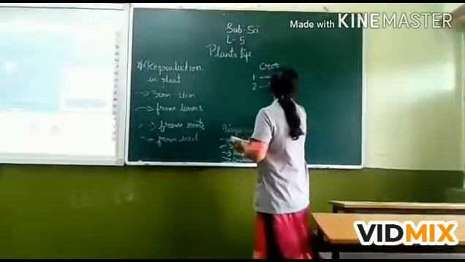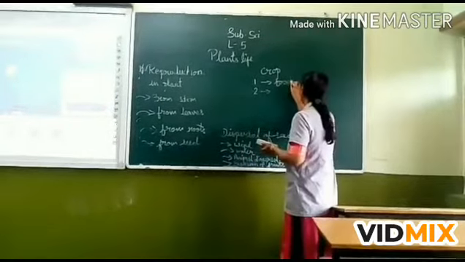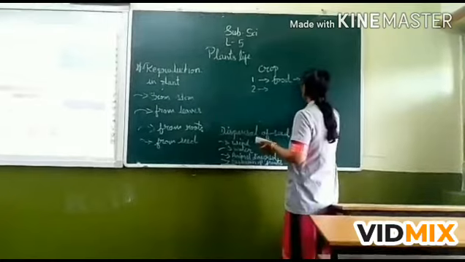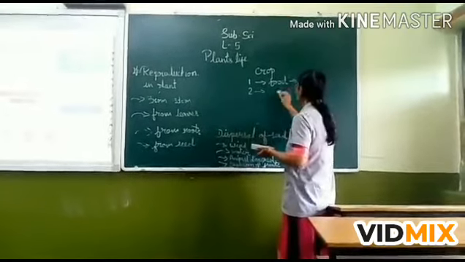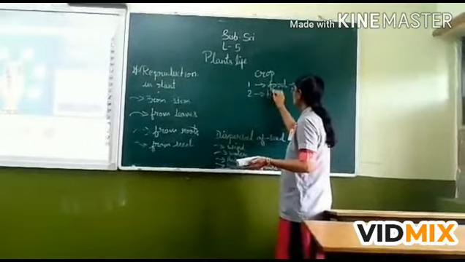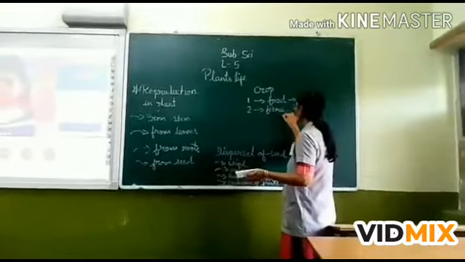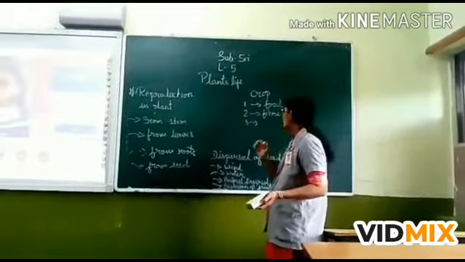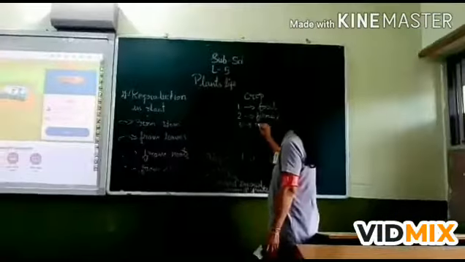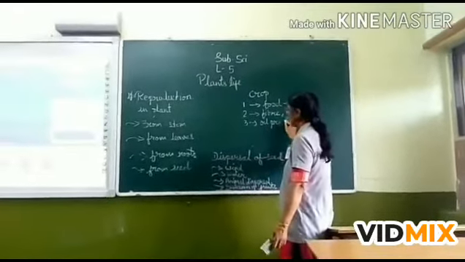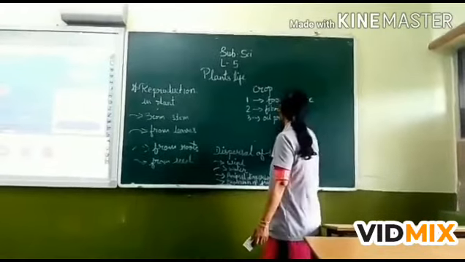In the food crops, there are all types of grains, like rice, paddy, wheat, etc. Then fiber crops like jute plant, cotton plant, and oil-producing plants like mustard, then groundnut, etc. Right?